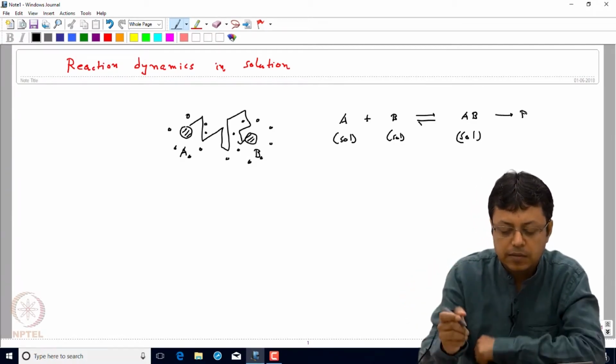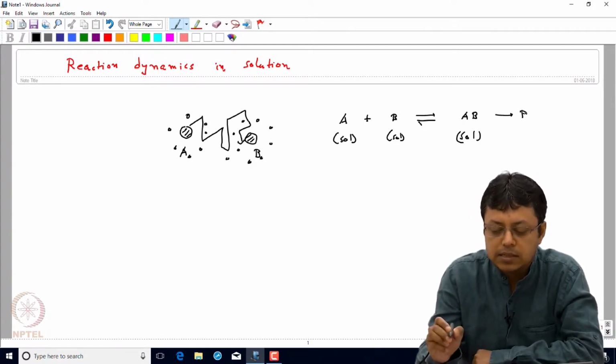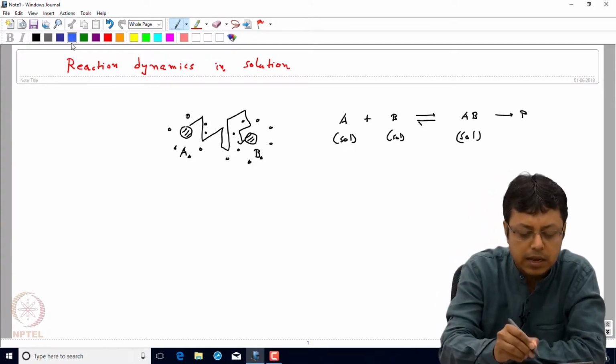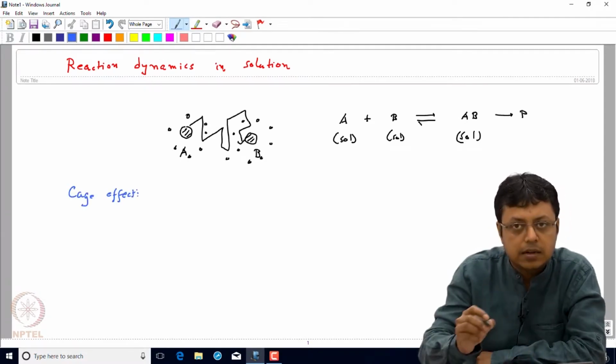Before that, let us have a slightly more detailed discussion on what I called the cage effect. Cage means it's a solvent cage around the reactants.